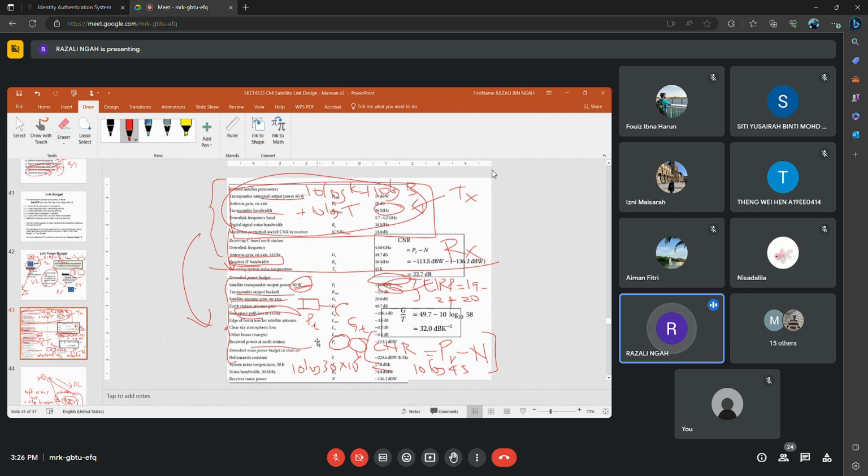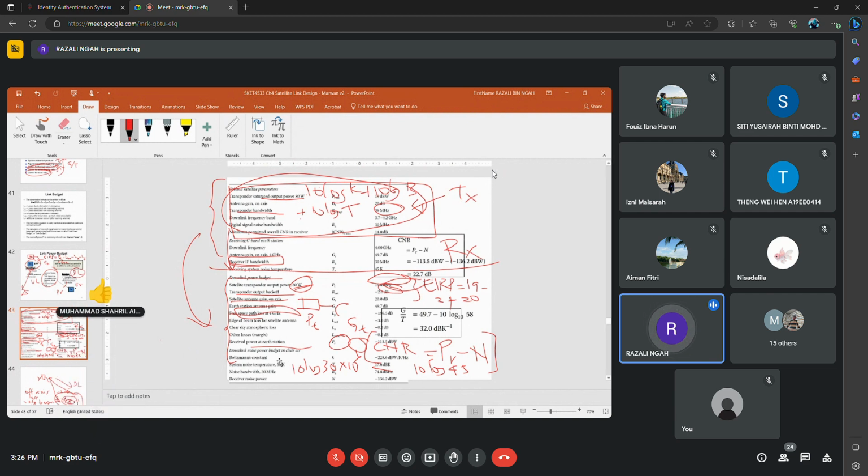If you do 10 log 45, do you get this? The system noise temperature gives 16.53. The system noise temperature here is 58K. So there is, I think, this one. Wait.